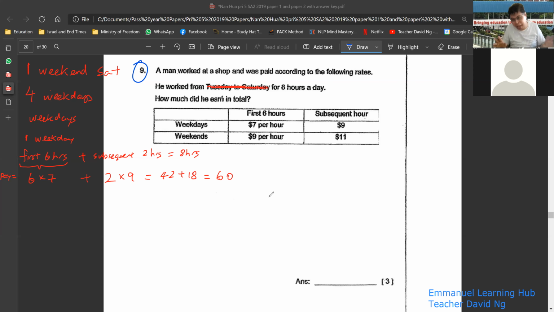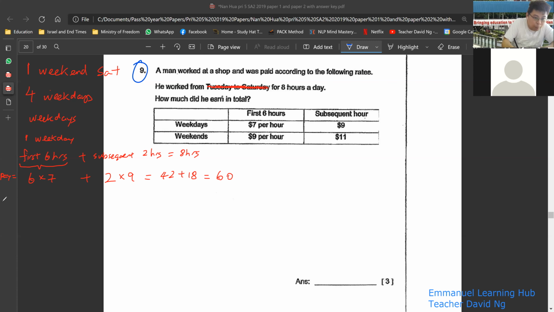You will get at least 1 mark, maybe 2 marks, because some of your working is correct. But as I told you beforehand, I'm a very strict marker. So this is 42 plus 18 is 60. So the pay per day is $60 for 1 weekday.